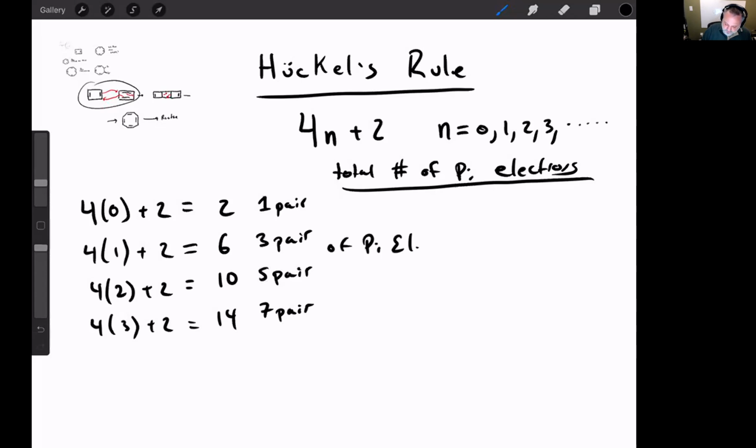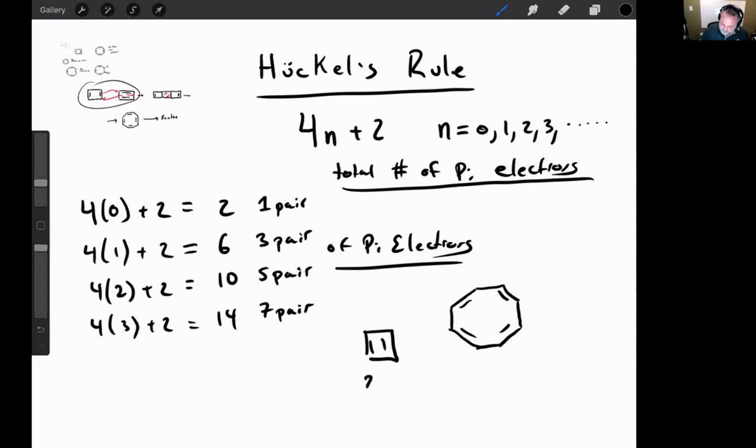So if I go back to this structure and this structure, I see that I only have 2 pair, 4 pi electrons here, and here I have 4 pair for 8 pi electrons.